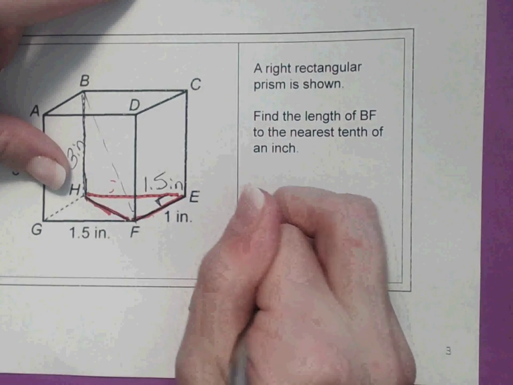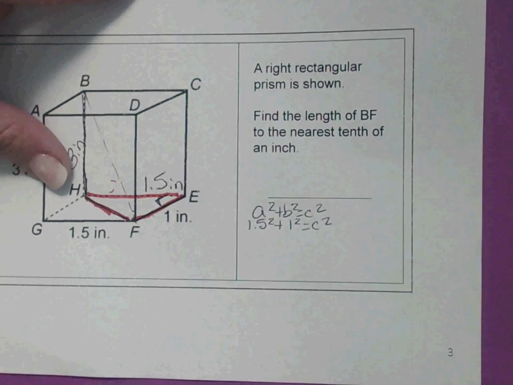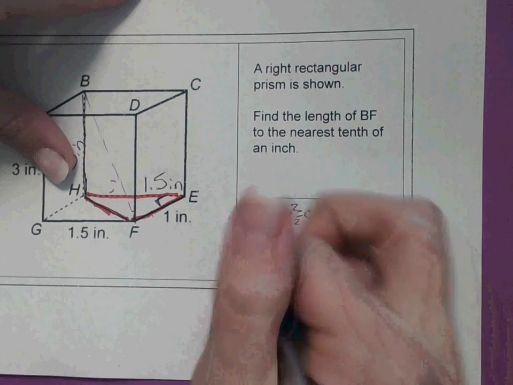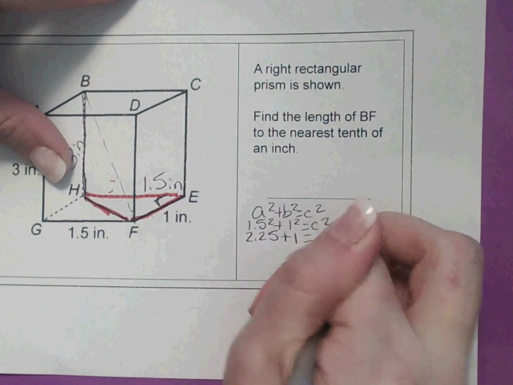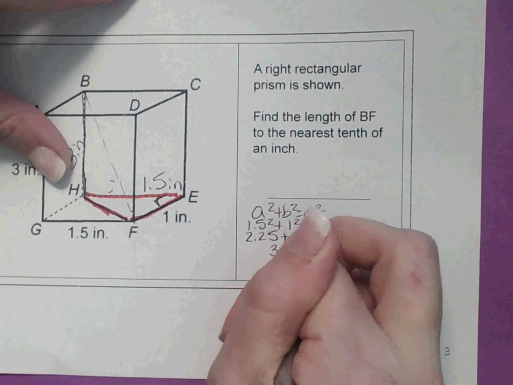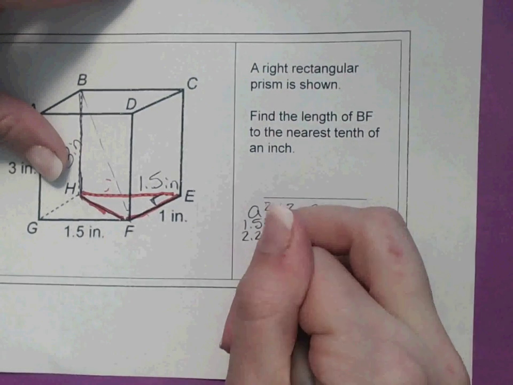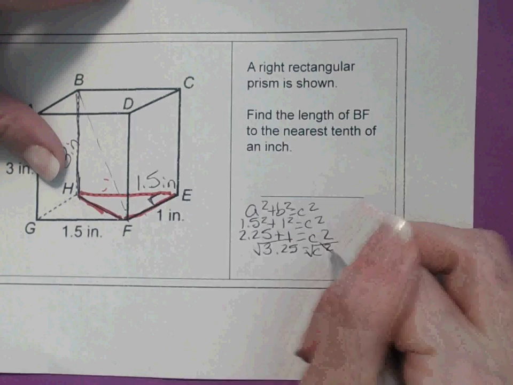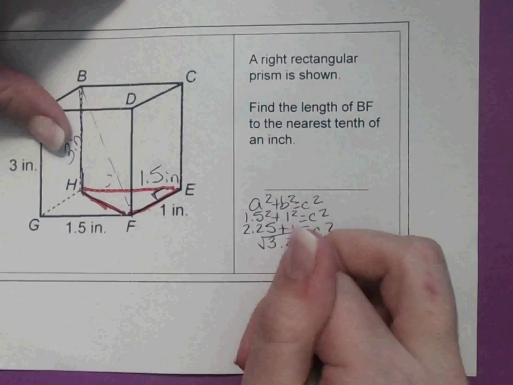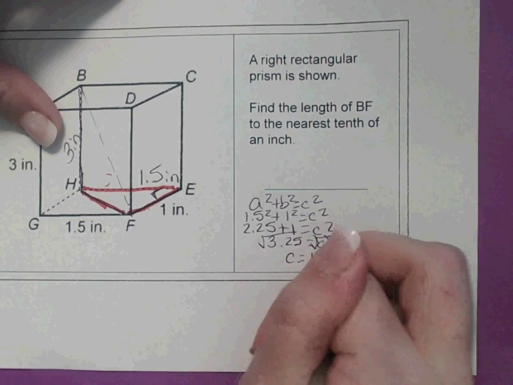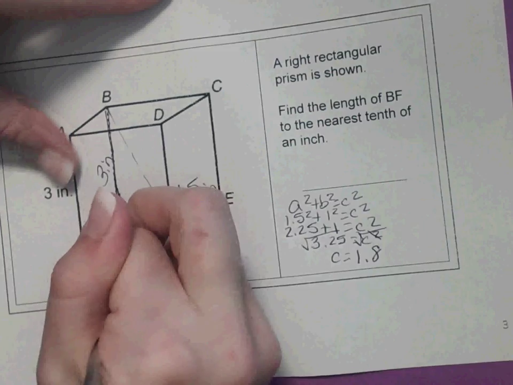I'm going to plug in what I know. 1.5 squared is 2.25 plus 1 equals c squared. When I add those together, I get 3.25. Take the square root of both sides, and I do get c equals 1.8. So this is 1.8.